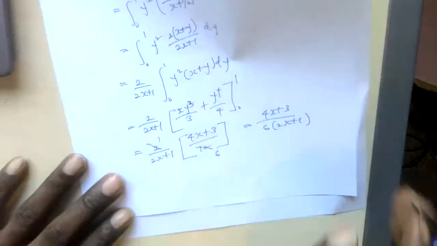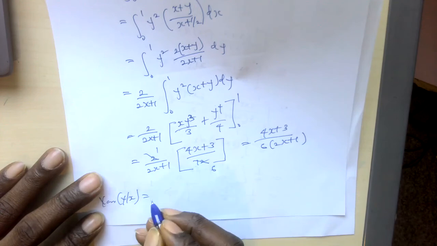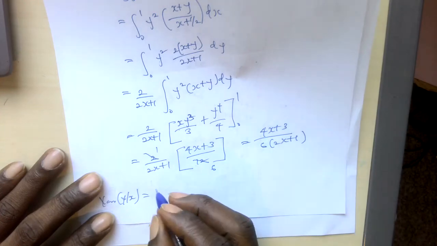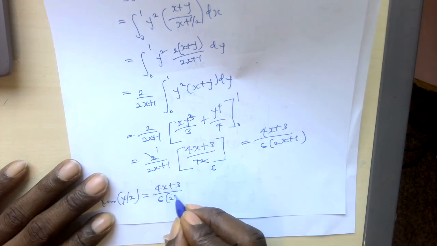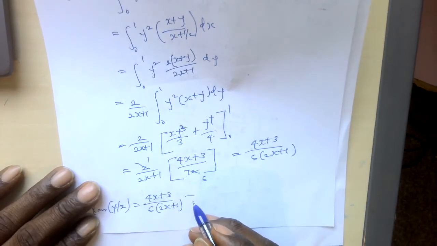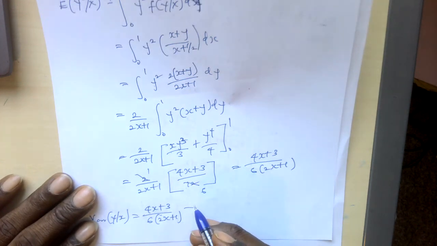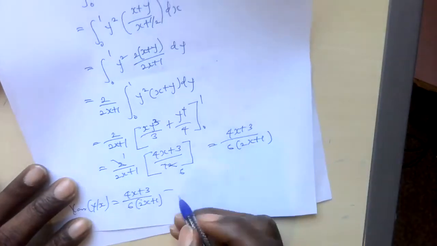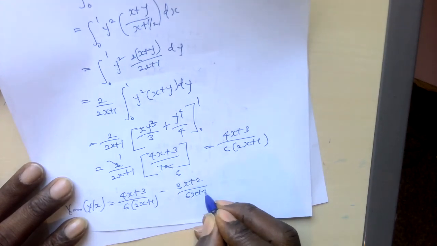So now, since we have that, we can now find our variance. So our variance of y given x is the expected value of y square given x, 4x plus 3 over 6 times 2x plus 1, minus the expected value of y given x, which we solved before to be this guy here, 3x plus 2 over 6x plus 3 squared.